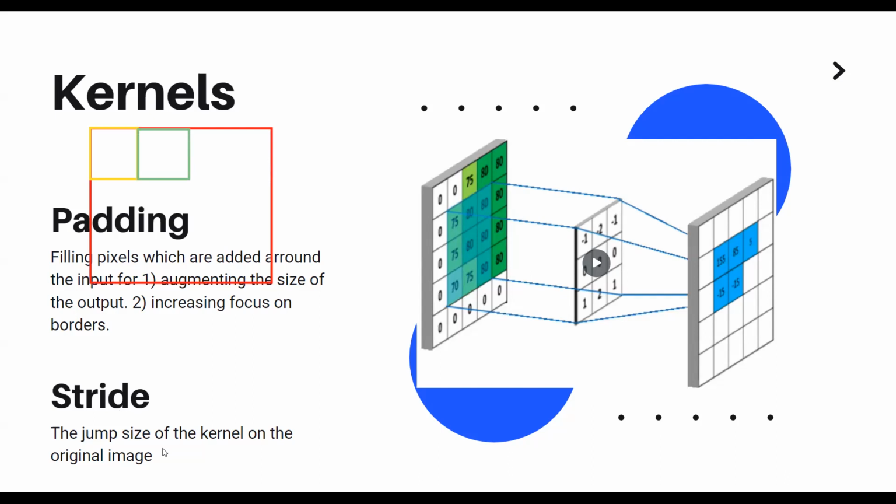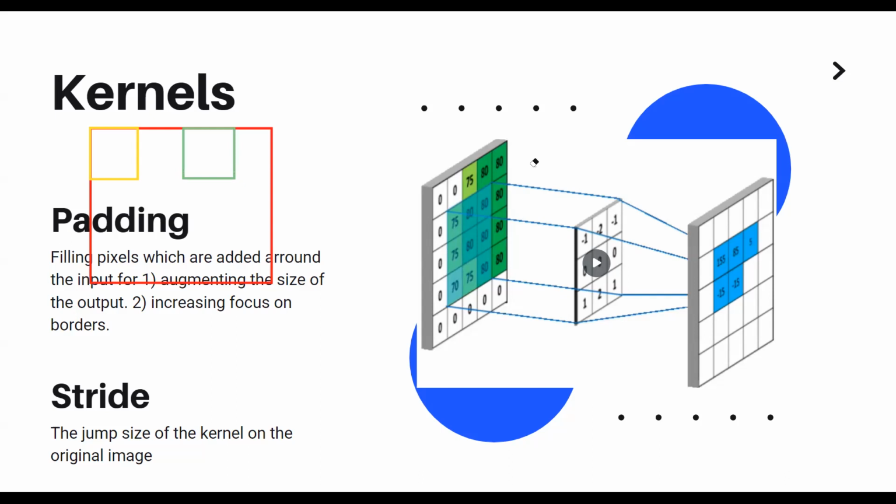So stride is the jump size of the kernel on the original input image, right? So basically, by default, we are jumping only 1 pixel during the calculations of the convolutional operation. But if we want to jump 2 pixels or 3 pixels or 5 or 7 pixels, nobody can tell you no, right? So what is the interest of using a bigger stride?